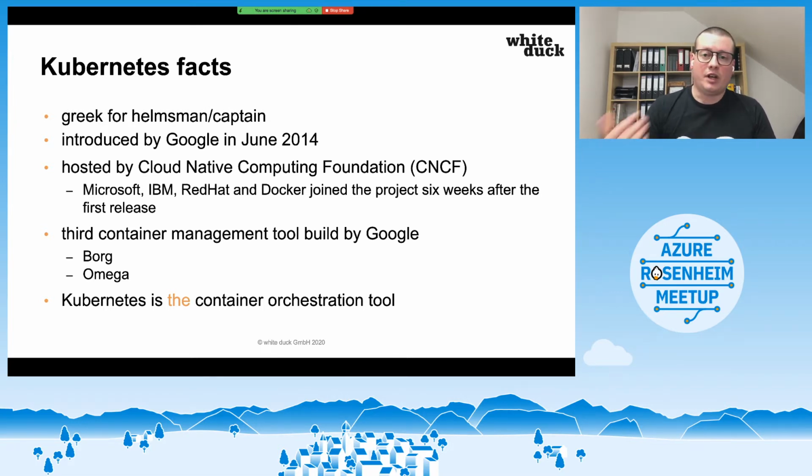And with Kubernetes, Google decided to not only build a tool for Google itself, but also for the world out there. This is why they open sourced it and contributed Kubernetes to the open source community. And de facto, Kubernetes is the container orchestration tool out there. There are some other ones, but mostly Kubernetes is used at the moment.